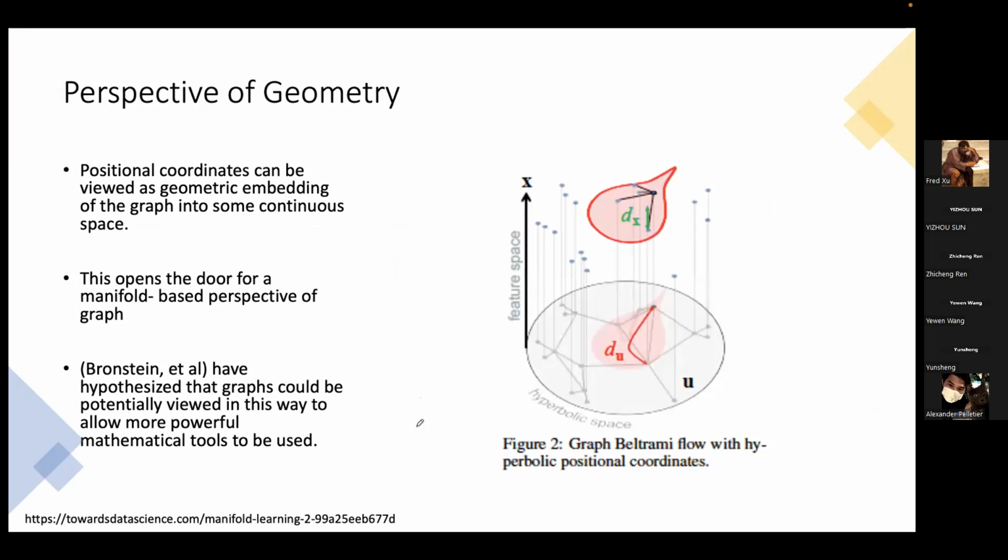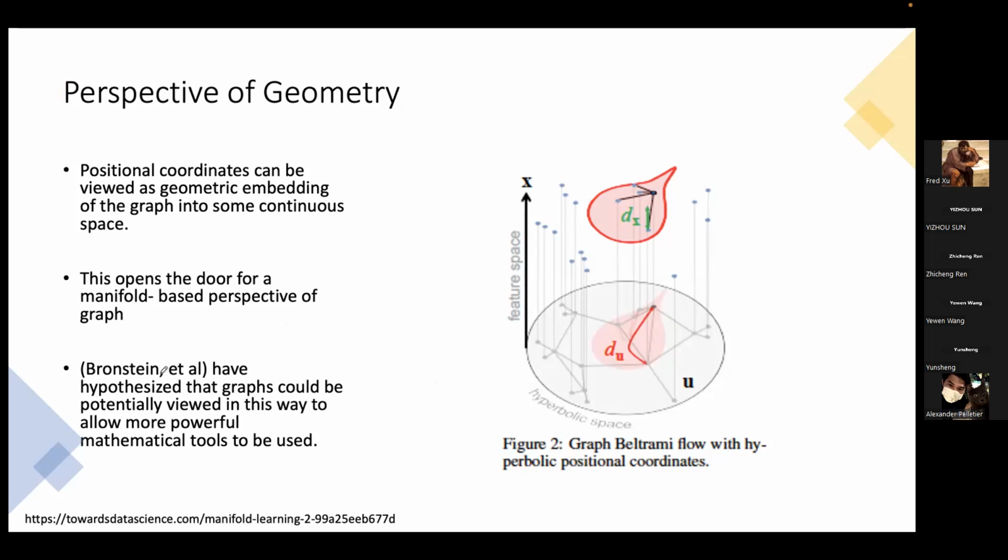And this opens a door for even more interesting geometric perspective, because the PDE is defined not just in the Euclidean space, but in any general manifold. So if you can do embedding of your graph in a hyperbolic space, then the coordinate of the nodes would also correspond to positional encoding, which would also make sense to use the Beltrami flow or any reasonable PDEs to evolve.